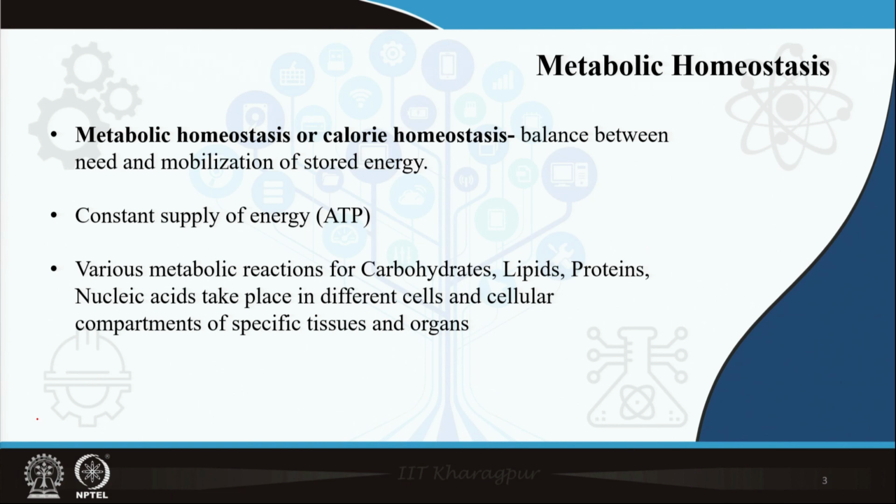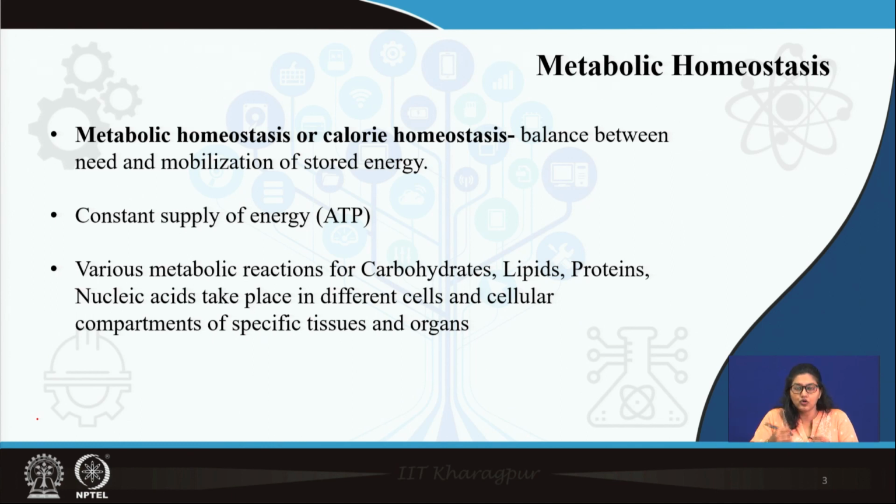Now, what is metabolic homeostasis? Remember, in our body, the human body or all the cells of every species, every animal, they depend on energy which they obtain from nutrients. Most of the organisms, or human here important, we obtain energy via oxidation of different nutrients.